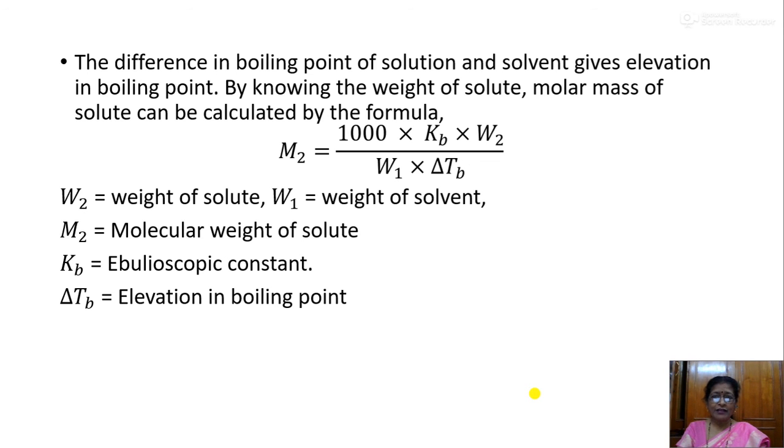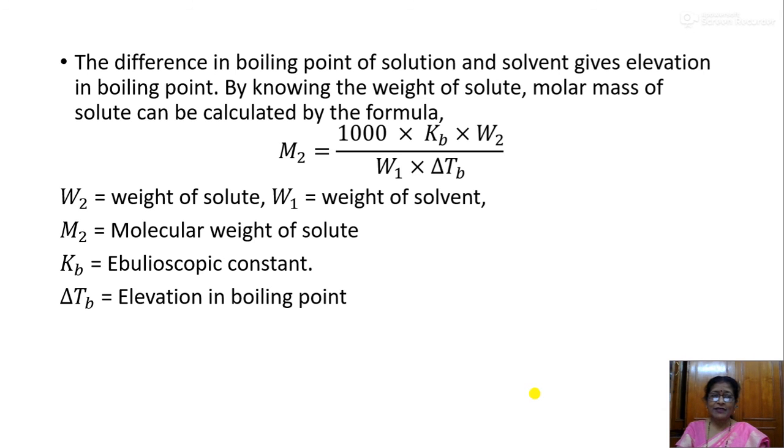By knowing the weight of the solute, molar mass of the solute can be calculated by this formula. M2 is equal to 1000 into Kb into W2 over W1 into delta Tb. That is the change in temperature of the solution and solvent. Kb is called the ebullioscopic constant.